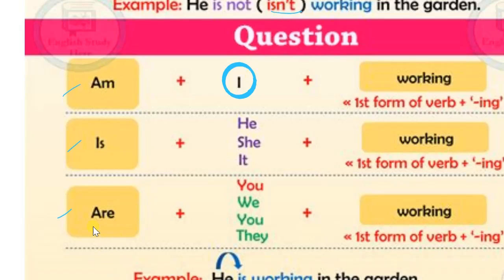Now if the sentence begins with the be verb are, it must be followed by plural pronouns, which are they, you, we, and then followed by verb ing. Are we, or are you, or are they working?